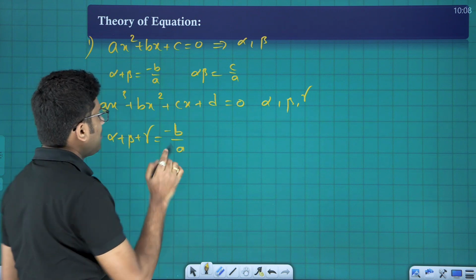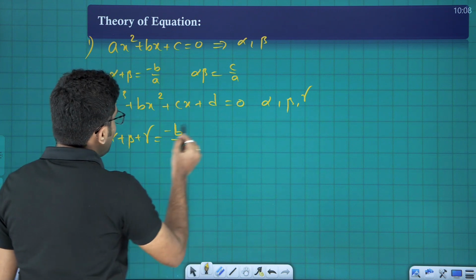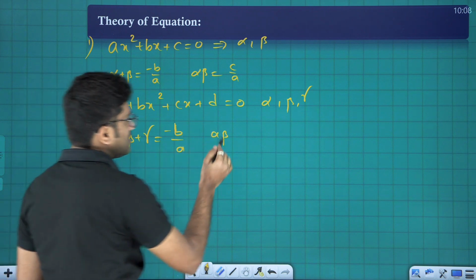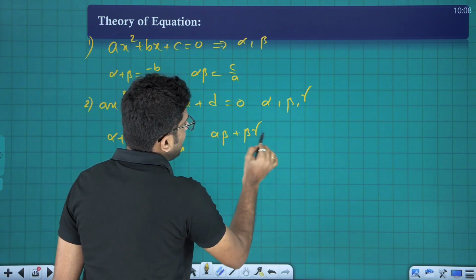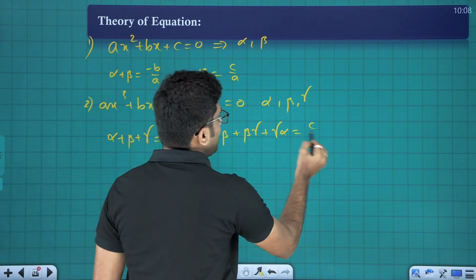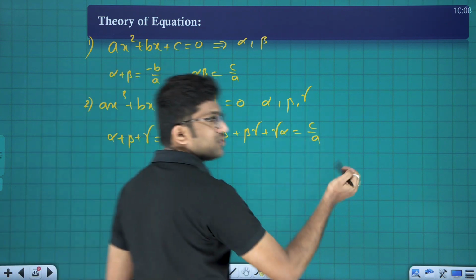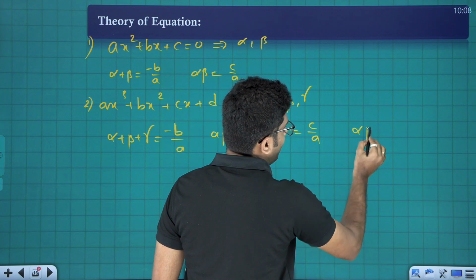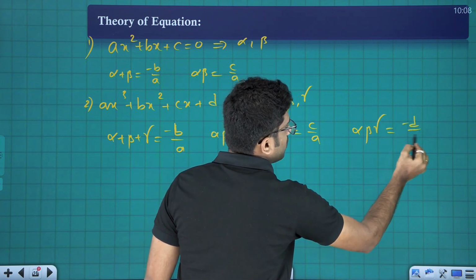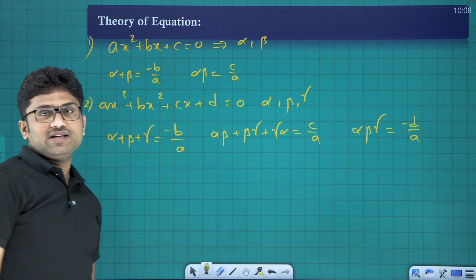So alpha plus beta plus gamma will be minus b by a. Next, the sum of the roots taken two at a time, alpha beta plus beta gamma plus gamma alpha, is equal to c by a. Next, the roots taken all at a time, alpha into beta into gamma, that is nothing but the product of the roots, which is equal to minus d by a.